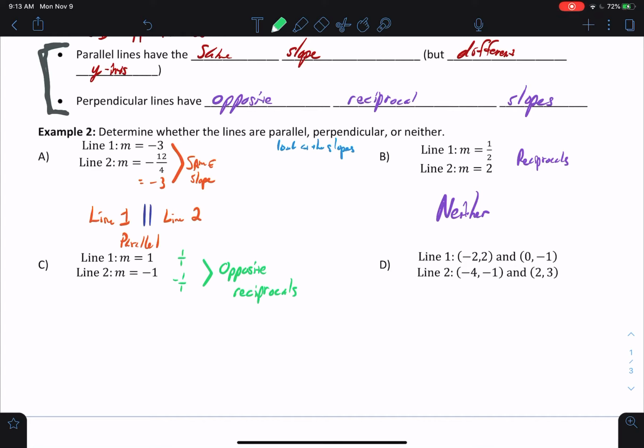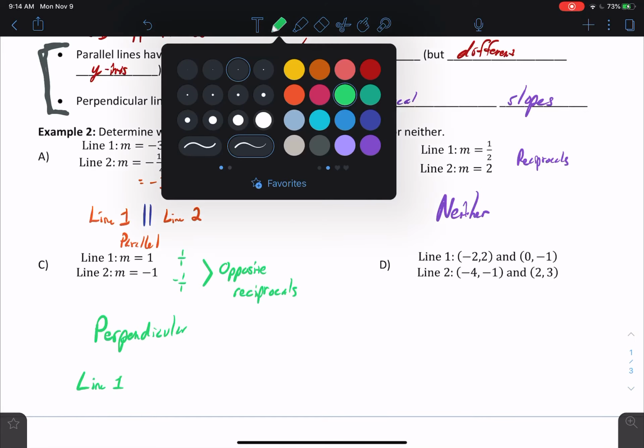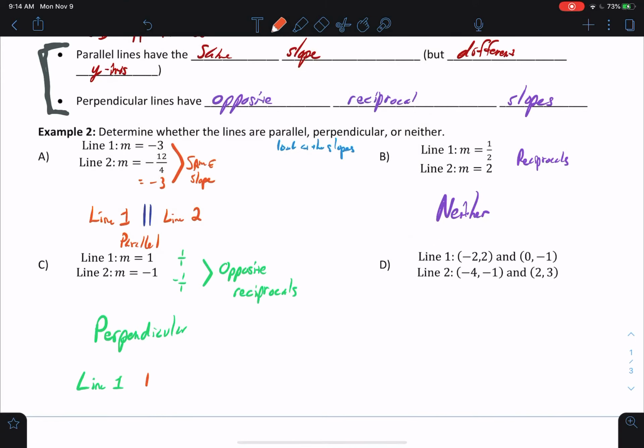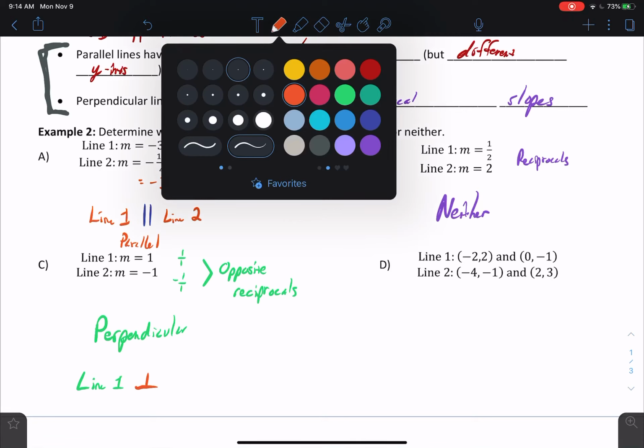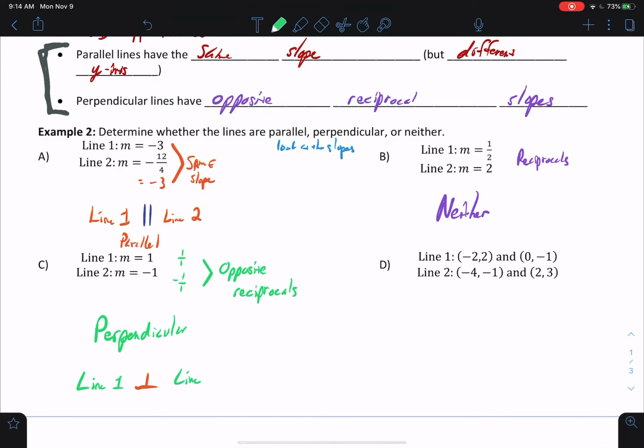The reciprocal of 1 is just 1. So the opposite of 1 is negative 1. The reciprocal of negative 1 is still negative 1. So these are opposite reciprocals. Therefore, these are perpendicular. We can say that line 1 is perpendicular to line 2.